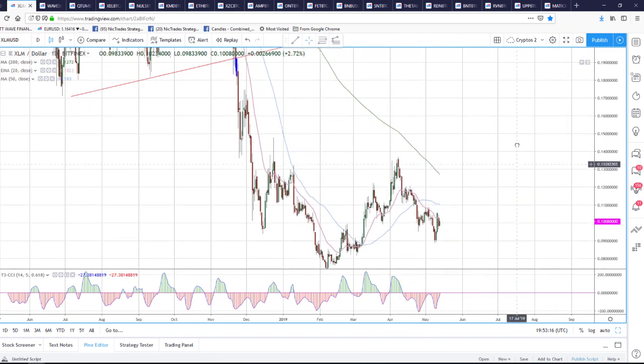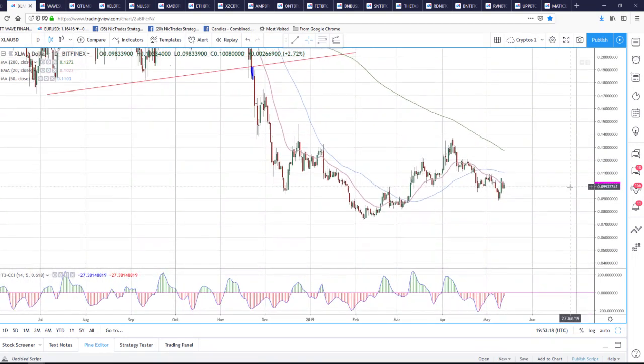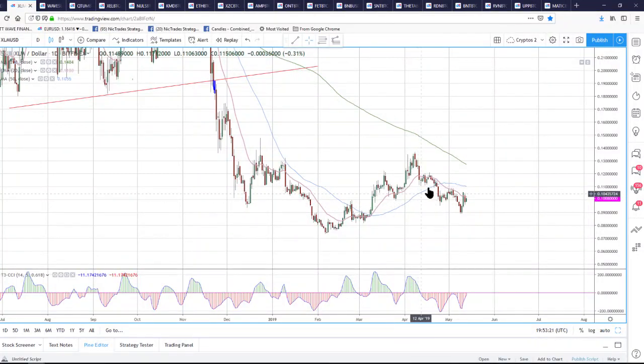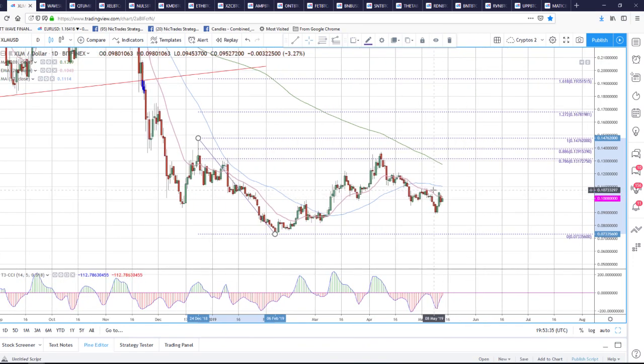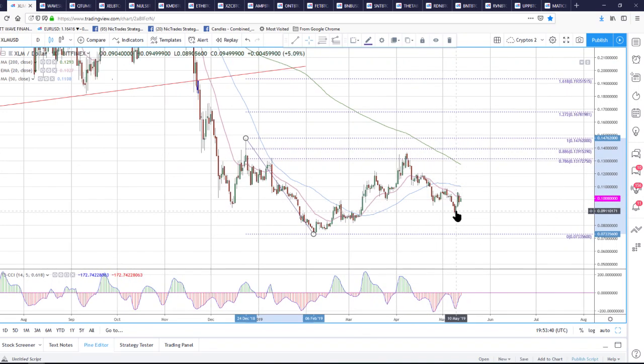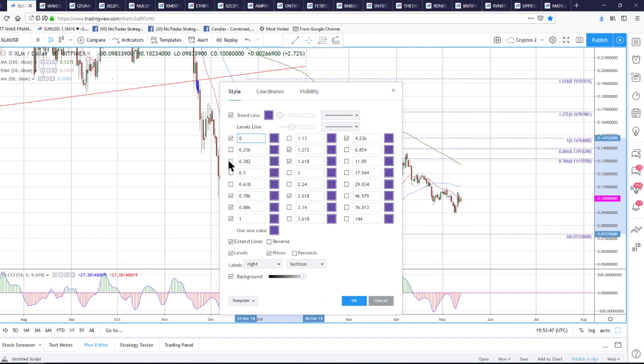Okay, so let's look at it this way. We're back underneath our daily moving averages. We've got resistance from them. So we're back in a downtrend, even against the dollar. And if we take this swing here, 3 waves down, you know, it's not convincing. I think that we could maybe, 236, okay.